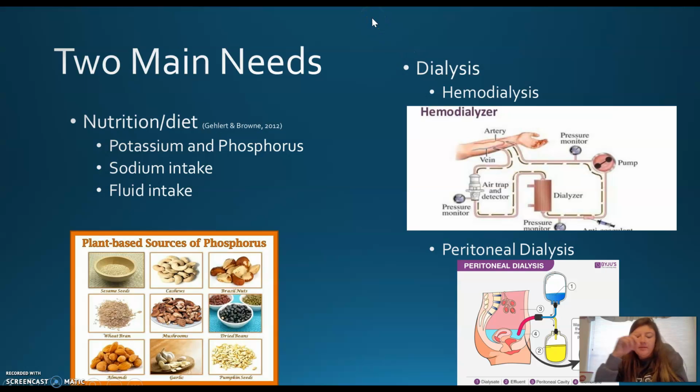The two main needs with this condition are a healthy diet and dialysis. There are two types of dialysis. As stated before, it's hemodialysis and peritoneal. Hemodialysis is used to remove waste and extra chemicals from your blood via an artificial kidney or hemodialyzer, which is this picture right here.